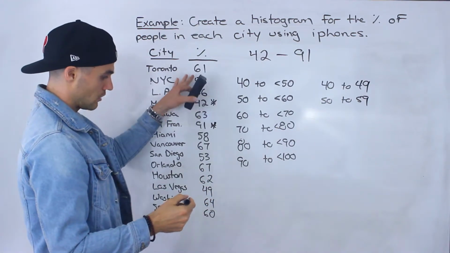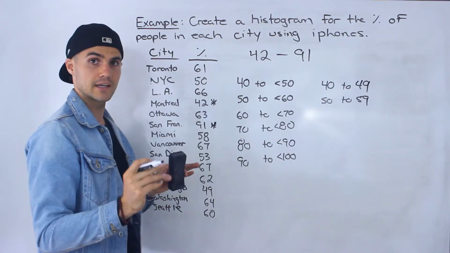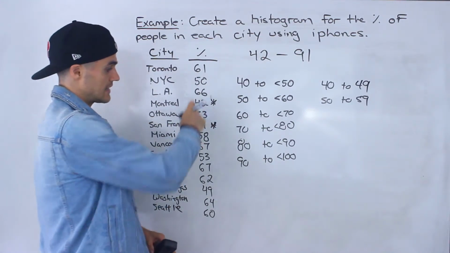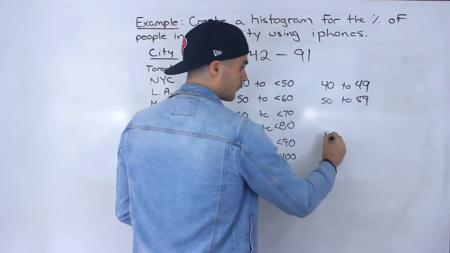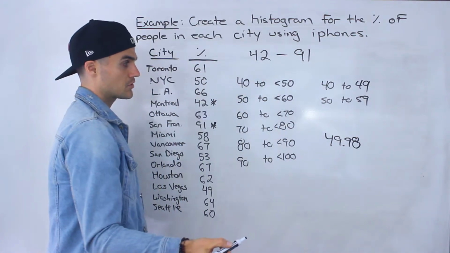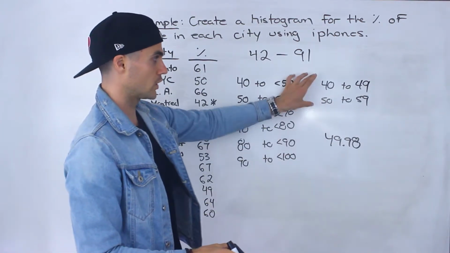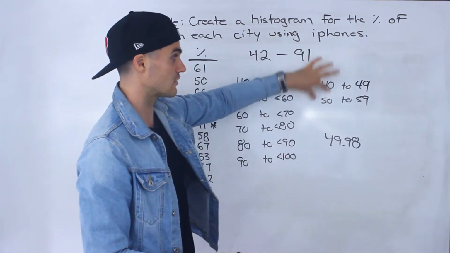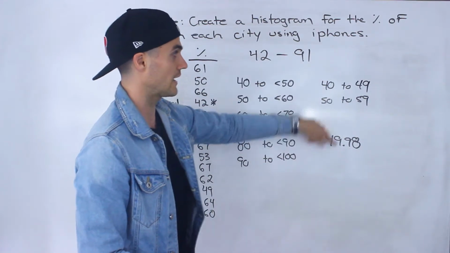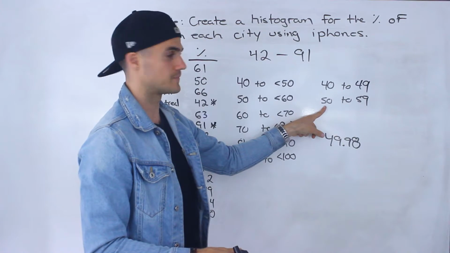Well, notice that all of these percentages are nice whole numbers, but a lot of times you may be dealing with decimals. And let's say that one of these was like 49.98%. Then which interval would it go into? Notice that it's neither of these intervals, because 49.98 is greater than 49, but it's less than 50.